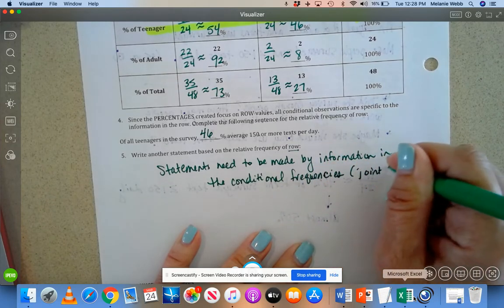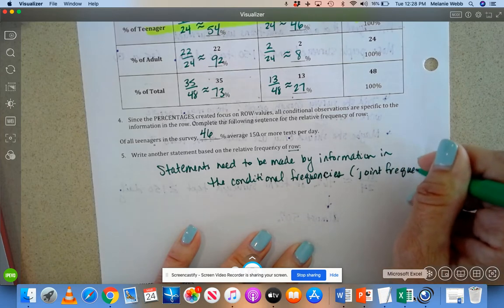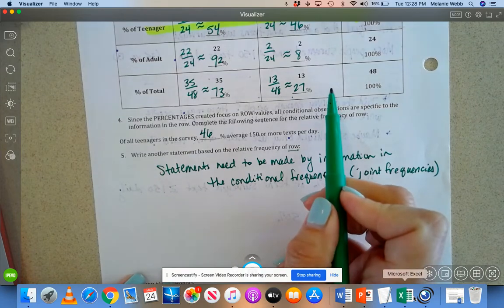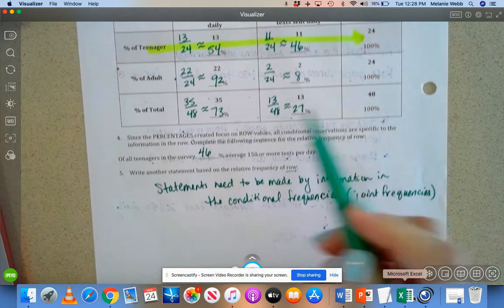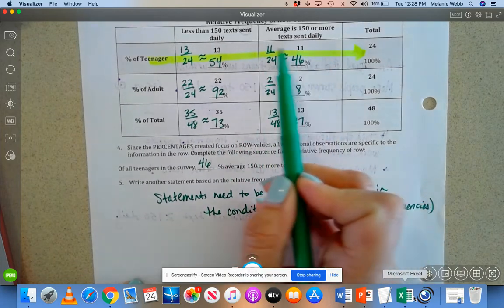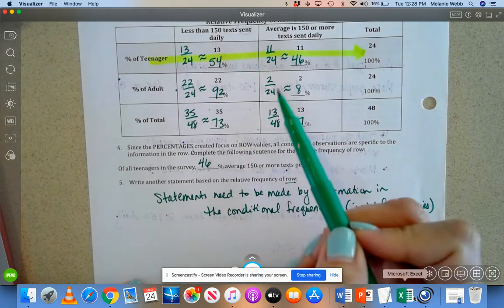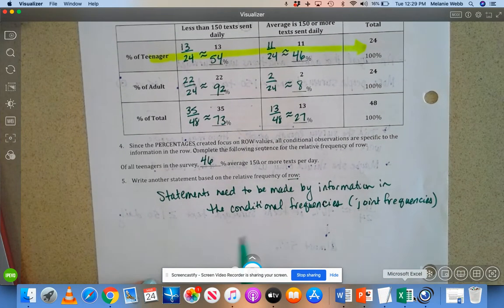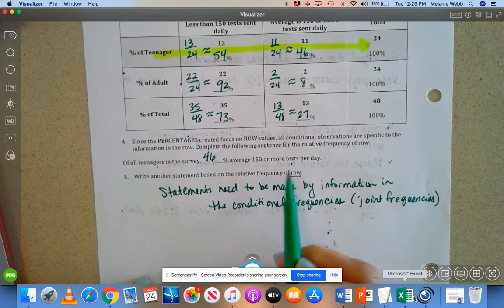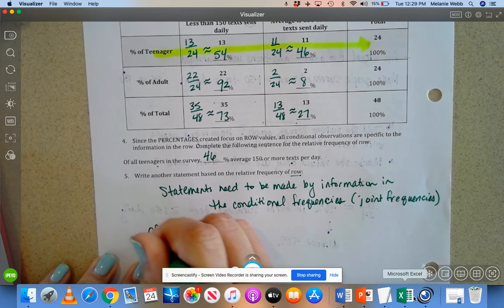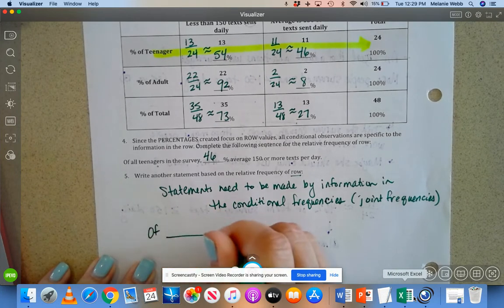So you don't want to make a statement by this row, because these are marginal frequencies, right? So you want to get information from the middle of the table to make your statement. So another statement that could be made is, and another way to make sure that you're making a statement by row is to start with "of," and then whatever the title of the row is.